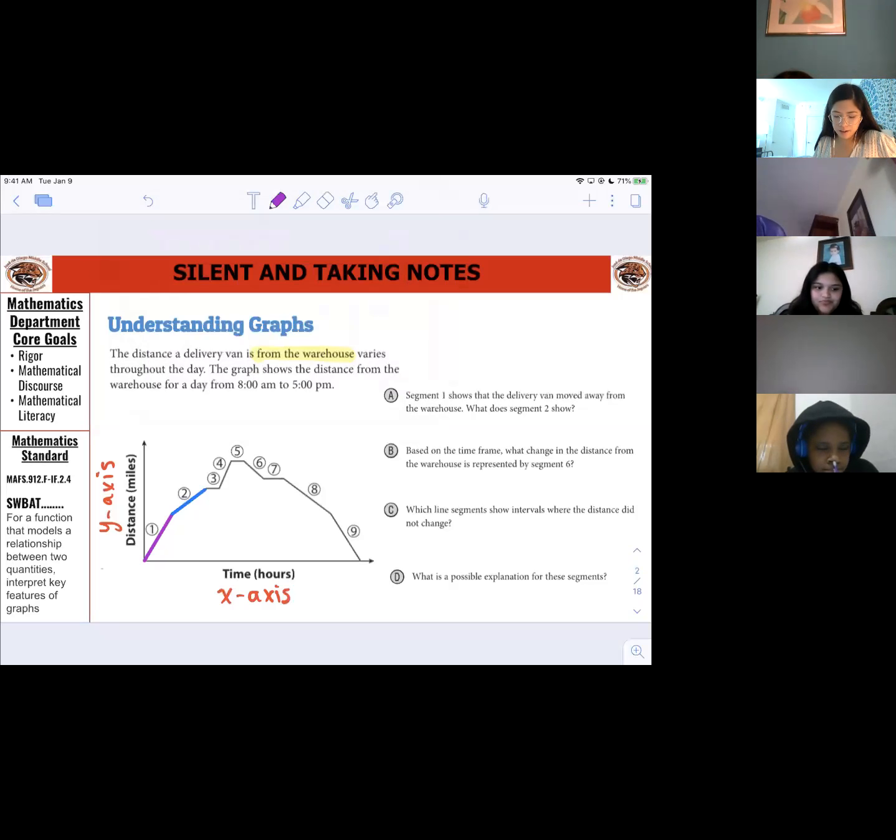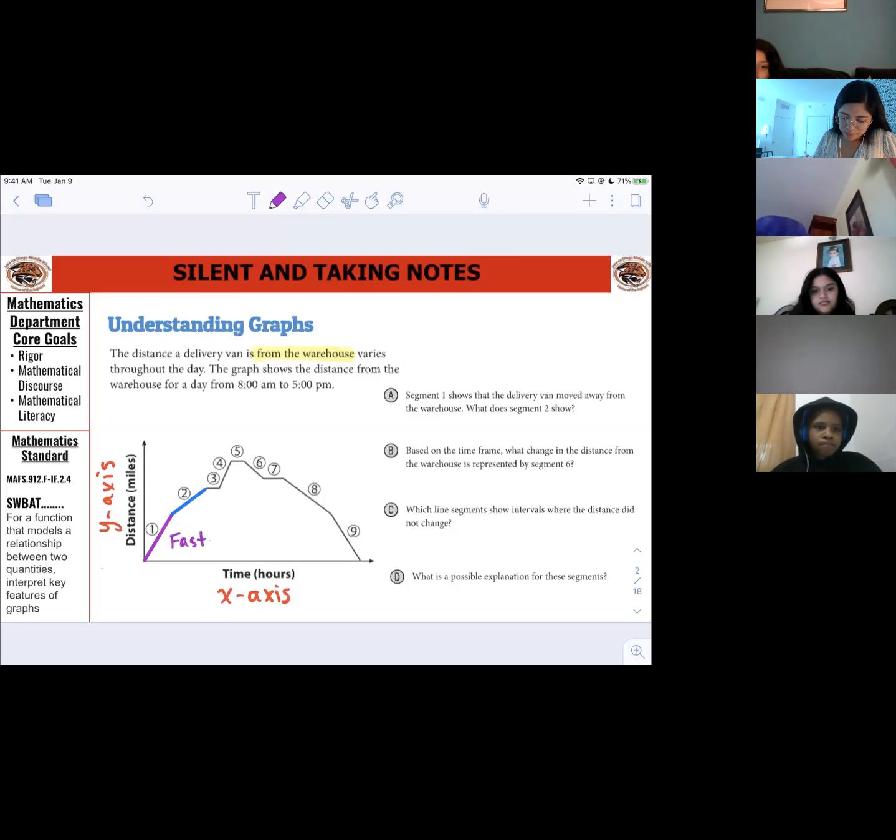Yeah, blue. Good, we agree. Blue is going to be easier, because segment 1 is steeper. It's a harder hill. It's harder to walk up. So when something is steeper, especially if you're measuring the distance and the time, that's because it's going faster.